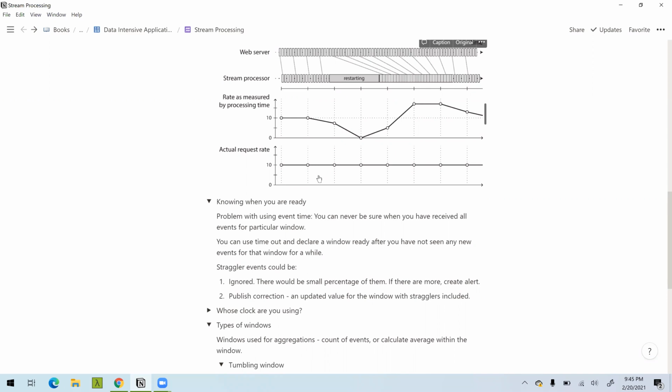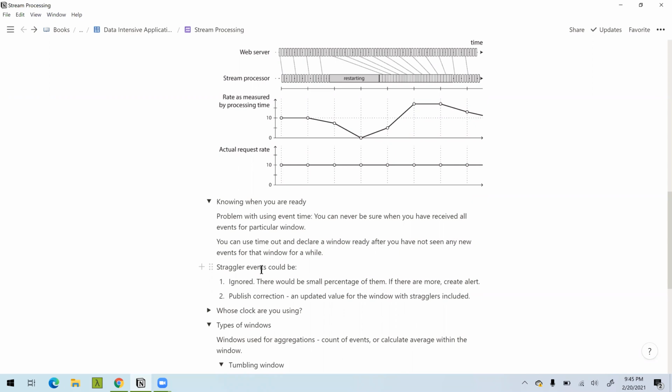So you could do two things with the straggler events, right? Either you can ignore those events. You are making the assumption that these straggling events will be a very low number which does not affect your overall data, right?